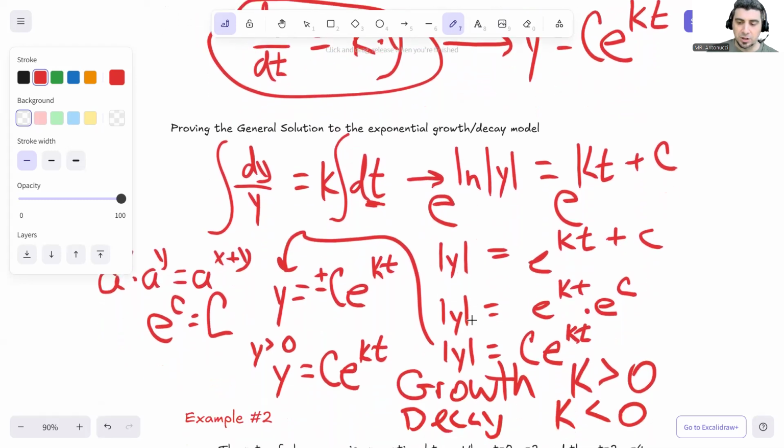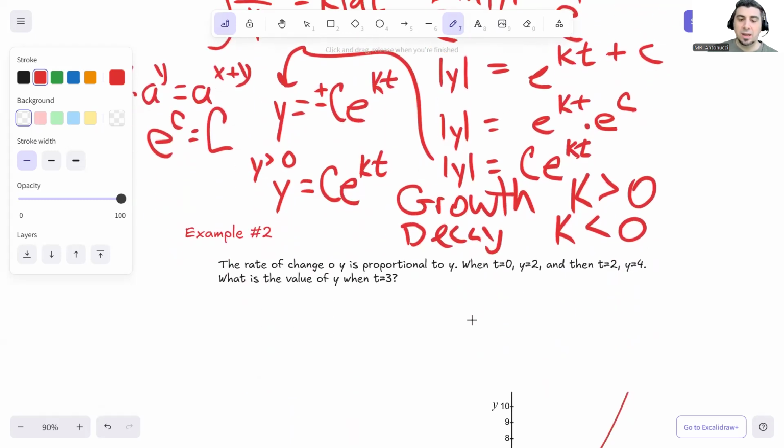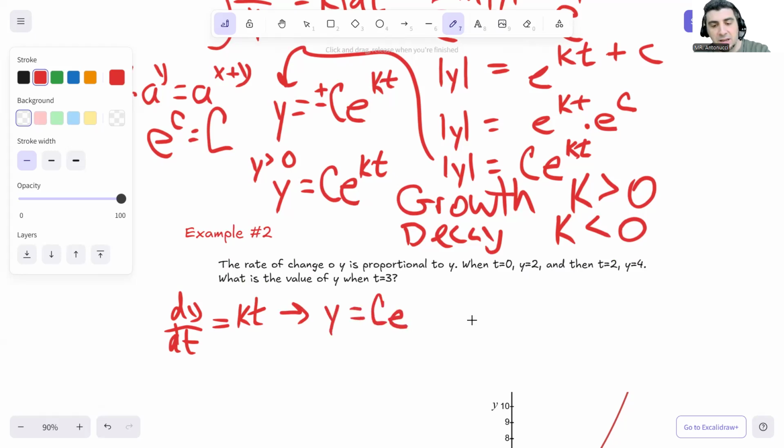So let's look at an actual situation. The rate of change of y is proportional to y. So that is saying that dy dt is equal to ky. So we already know, we don't have to go through and prove it, that y equals ce to the kt.